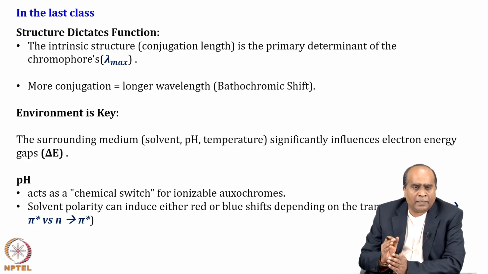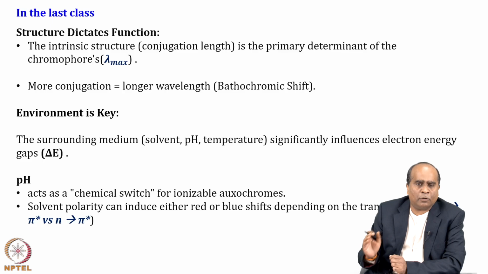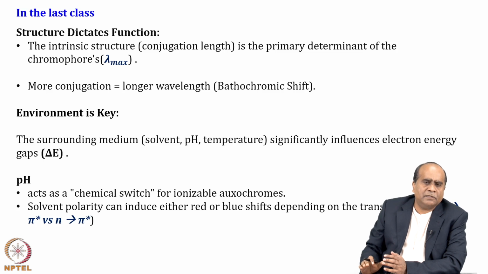If you have more conjugation, then longer wavelength, that is called bathochromic shift. Depending upon how much conjugation it has, what kind of delocalization of the unpaired electron it has, many of such factors, unsaturation basically dictates where this chromophore is going to absorb.